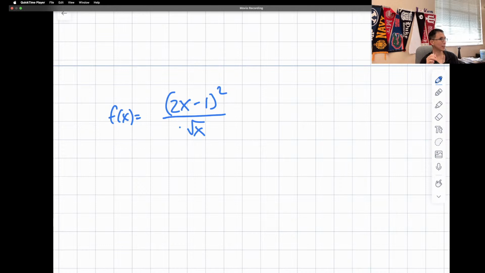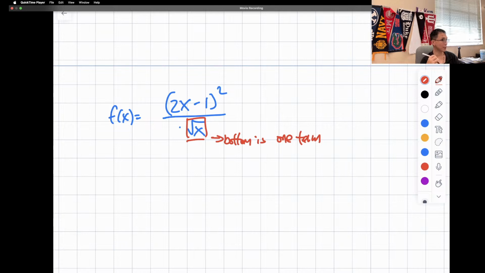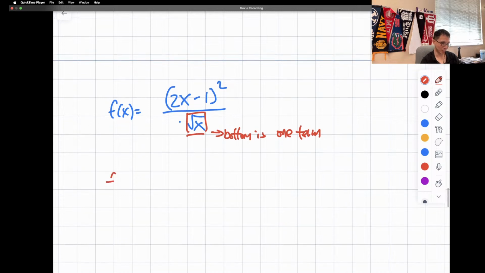This is a case where you almost want to stick with power rule. The reason is the bottom is one term. If the bottom is one term, you can always split it up and do power rule rather than quotient rule, because quotient rule is going to get very, very disgusting on certain types of problems, and I would probably avoid it at all costs.